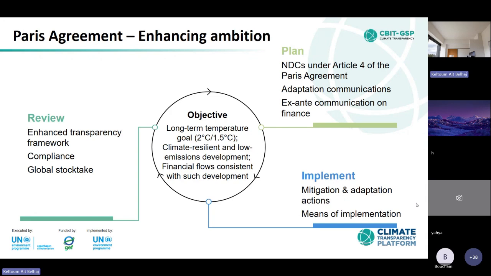Then comes the implementation phase, where countries put their plans into action through mitigation and adaptation measures and mobilize the means of implementation, such as, for example, finance, technology transfer, and capacity building. And finally, we move to the review phase, which includes the ETF or the Enhanced Transparency Framework, the compliance process, and also the global stocktake.